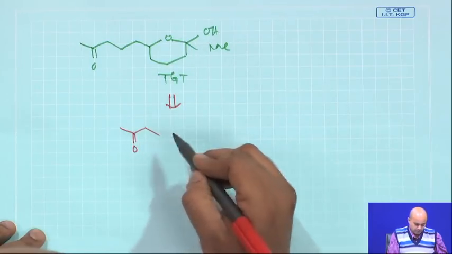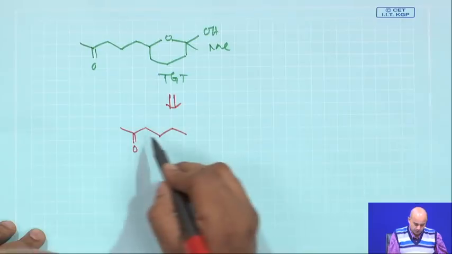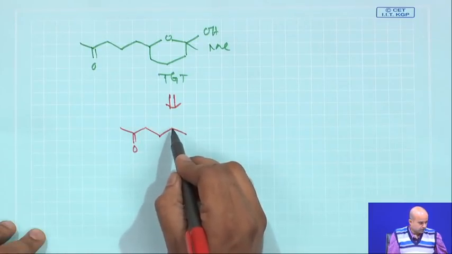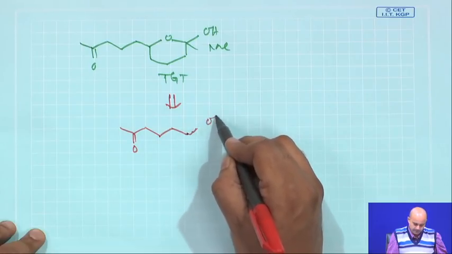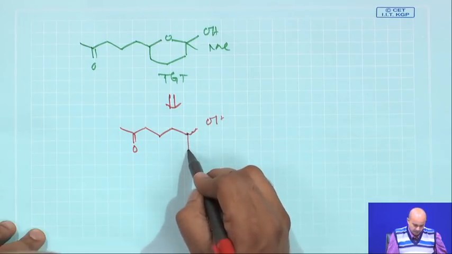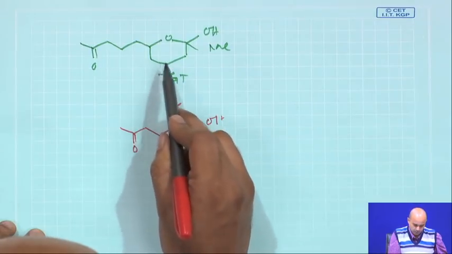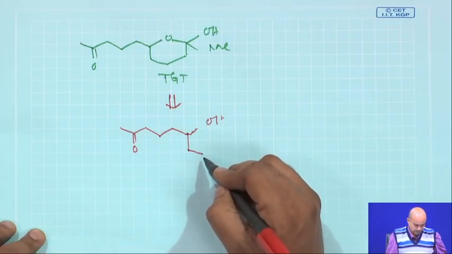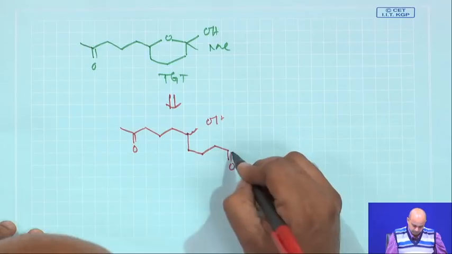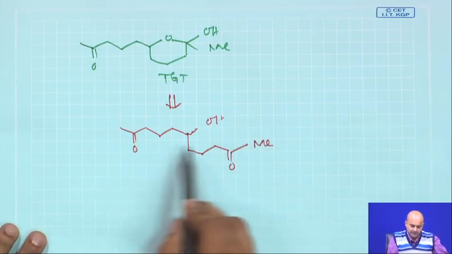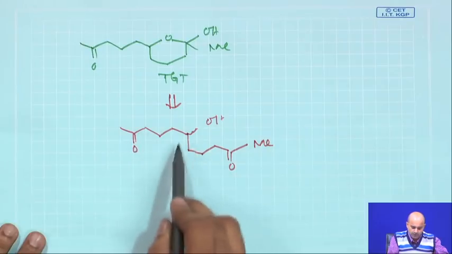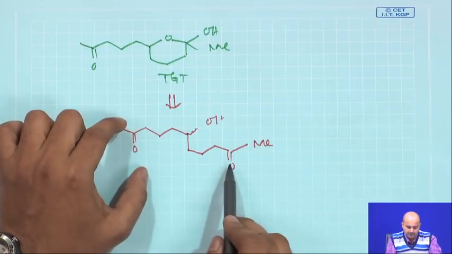So, what you do is a retro step: 1 2 3 CH2, 1 2 3, and you put an OH here and then another 3 CH2 because you need 1 2 3. If you disconnect the molecule in this way, it is basically a symmetrical diketone.